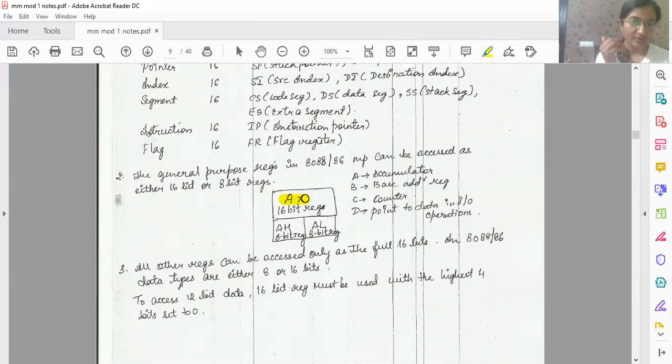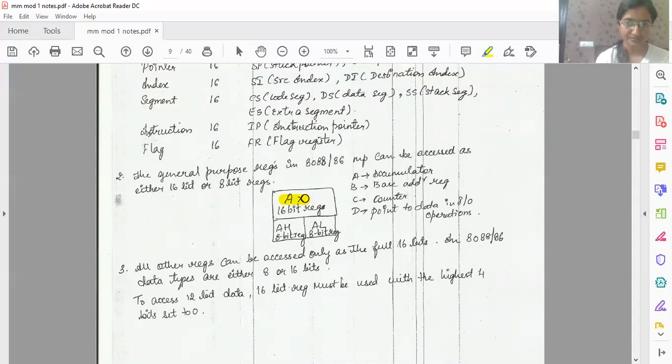Now if I want to store 8-bit data in the accumulator register, I can make use of only 8 bits of that 16-bit register. I need not engage the entire 16-bit register for that function. I can make use of the lower byte AL, which is the lower byte of the AX register, and proceed with my function.